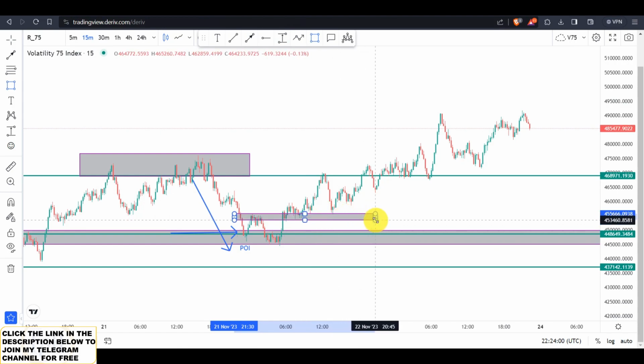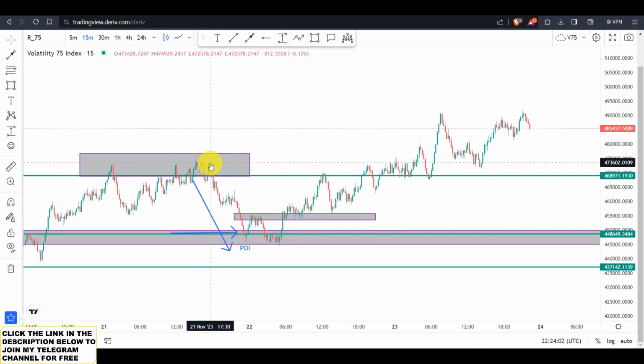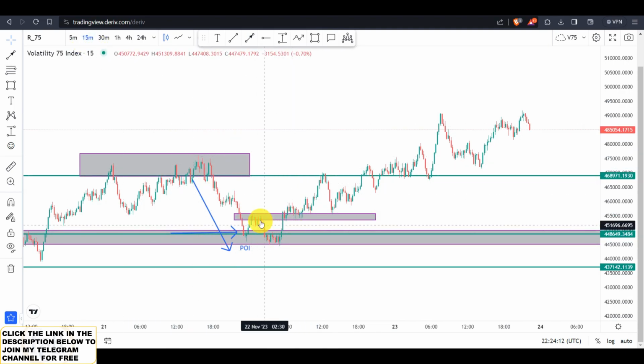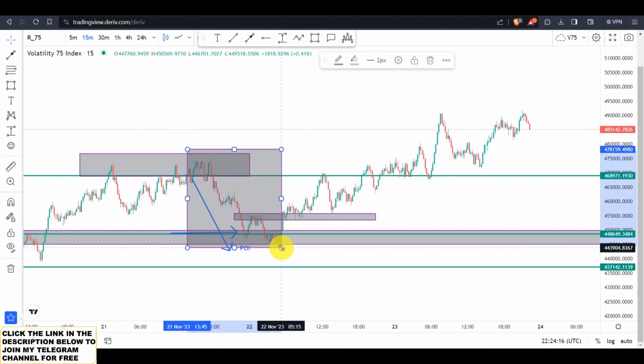So this told us that this market first retested very well to this point of interest, and once it went back up, it broke this market structure on the 15-minute time frame, showing us that this minor downtrend movement is already broken.